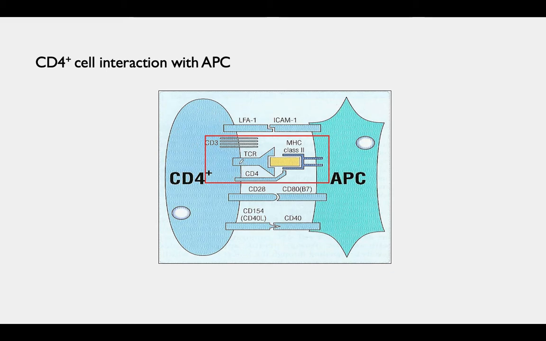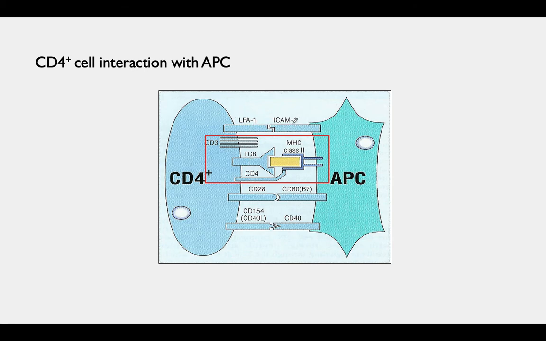Why? Because the TCR has a very short cytoplasmic tail. So how can it stimulate intracellular signaling? It has to go to the nucleus and produce these cytokines, interleukin 2 and interferon gamma. So this CD3 will help phosphorylate some signaling molecules and lead to the formation.